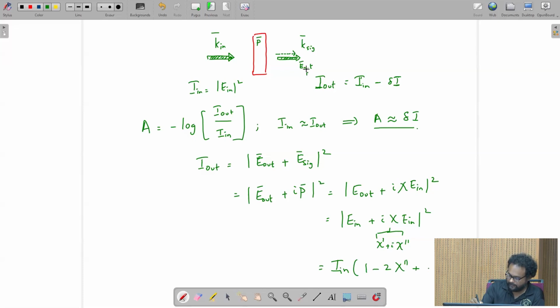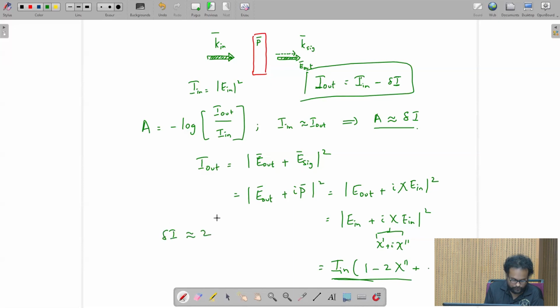So comparing this equation and this equation, you can see my delta I is approximately the imaginary part of the susceptibility multiplied by the input. That's your absorption, classic.